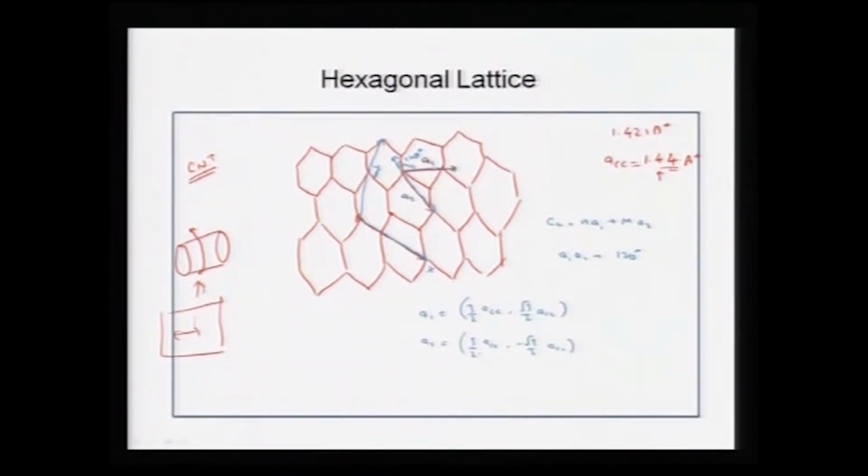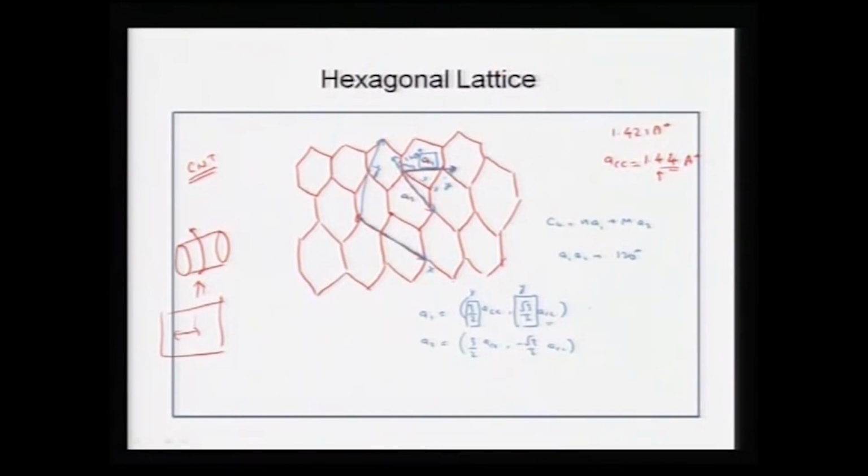So, for A1 I need to traverse along x a distance of 3/2 times the bond length, and along y I need to traverse root 3/2 of the bond length of carbon. That is how I can go from here to here: along x I traverse some distance, along y I traverse some distance. So, this is x, this is y, and that gives me the Cartesian coordinates.